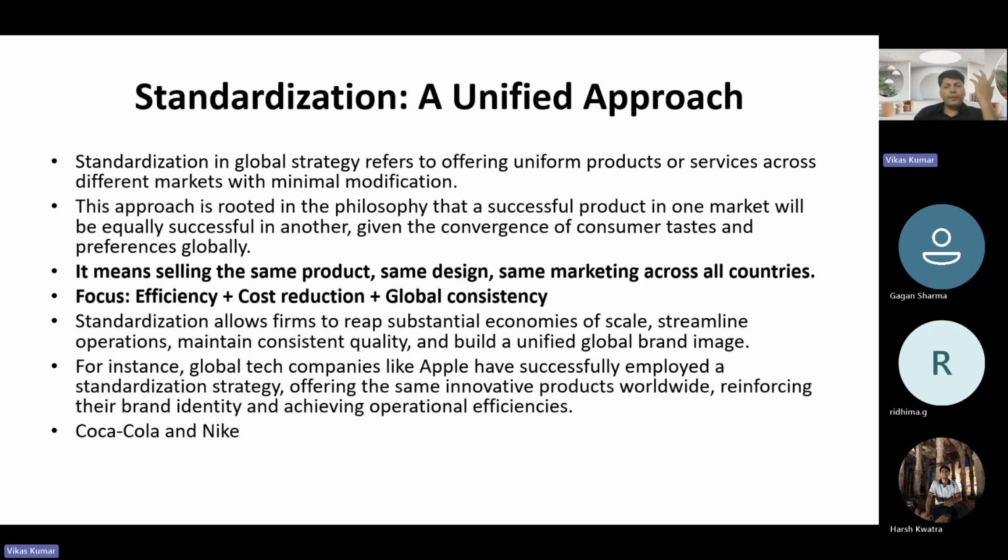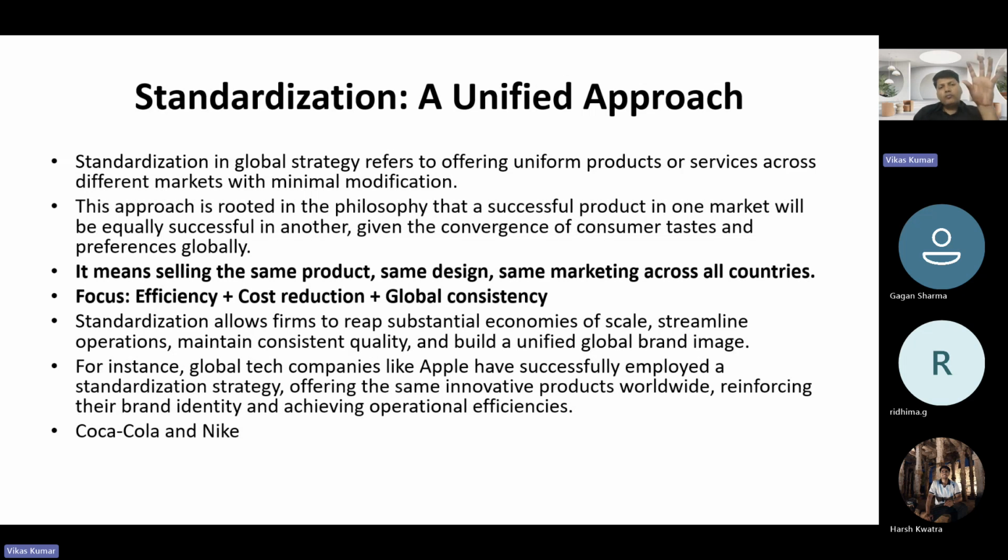But Samsung and Apple are providing this international warranty because of the same product, same design, or same marketing across all countries, and because of the global consistency, so that the company will be accepted all over the world as a single organization.